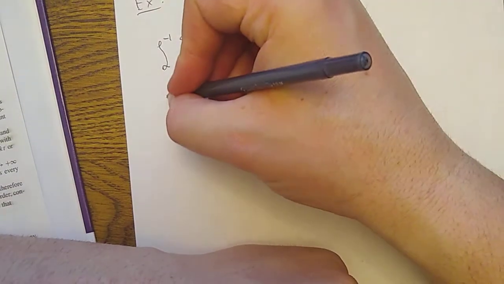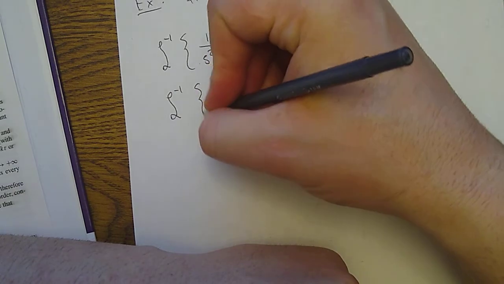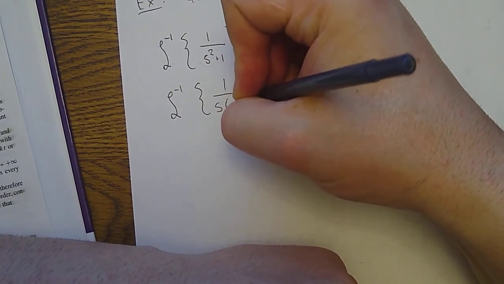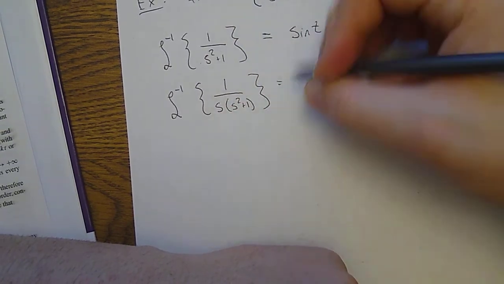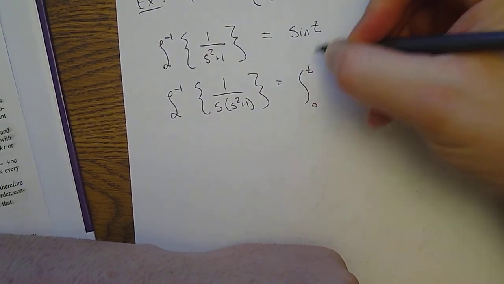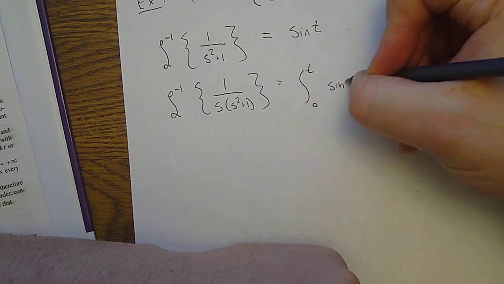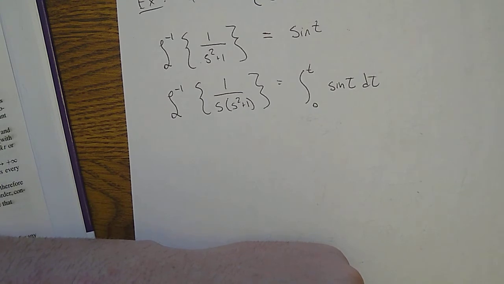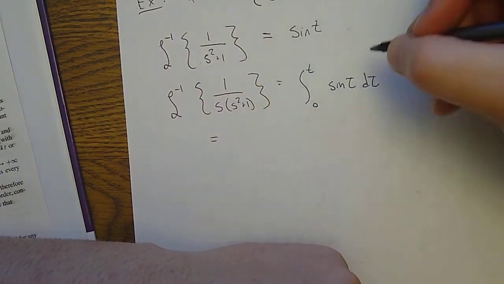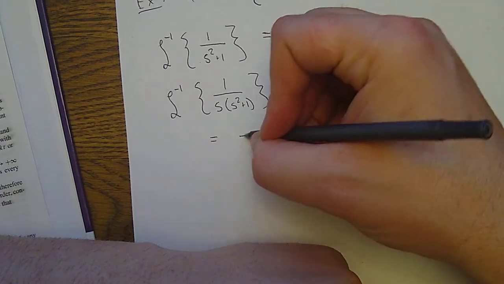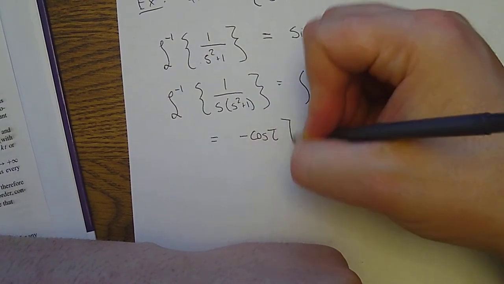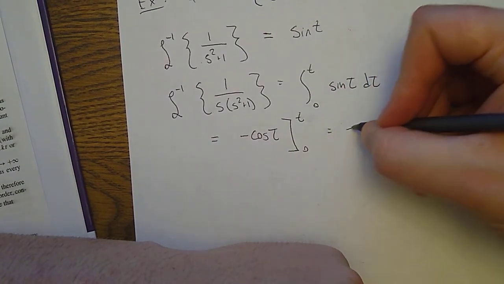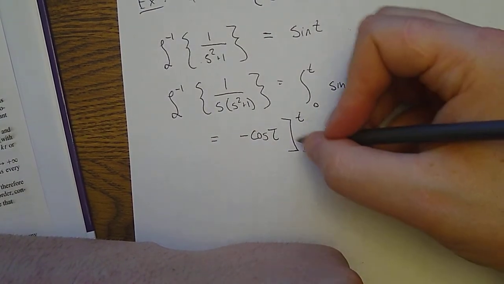Okay, now the inverse Laplace transform if I put an s there is the integral from 0 to t of that, except it's all tau's inside the integral. And this is no problem. This is negative cosine tau from 0 to t, like that. So negative cosine t.